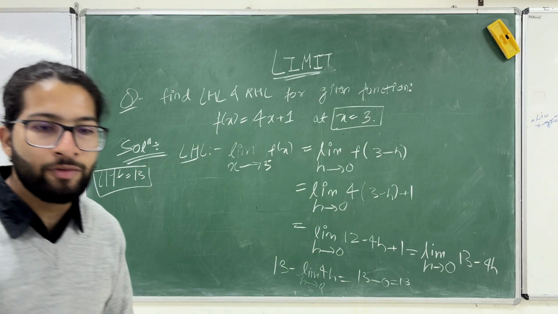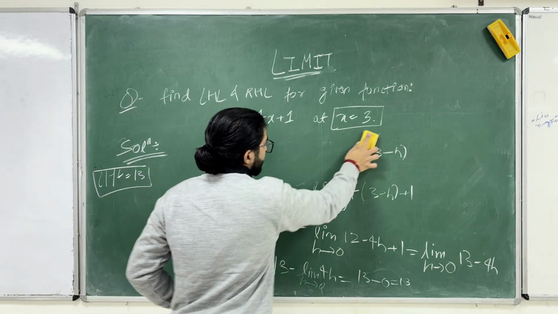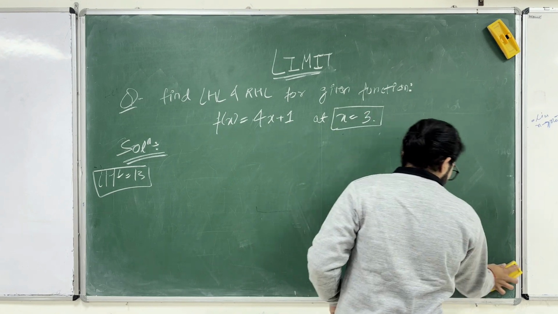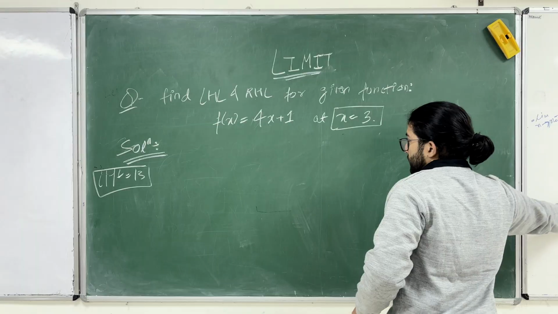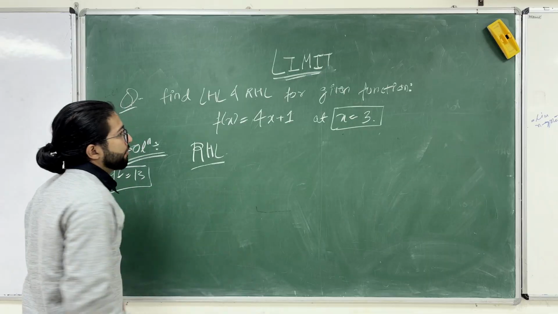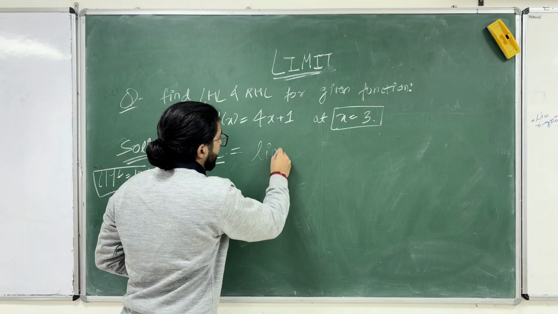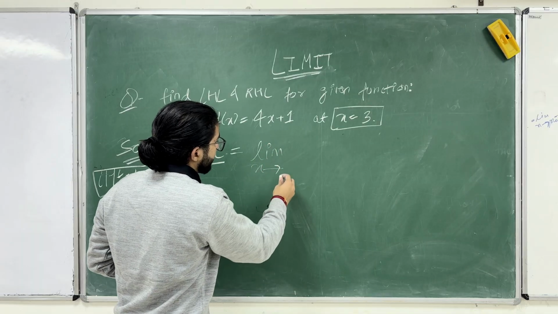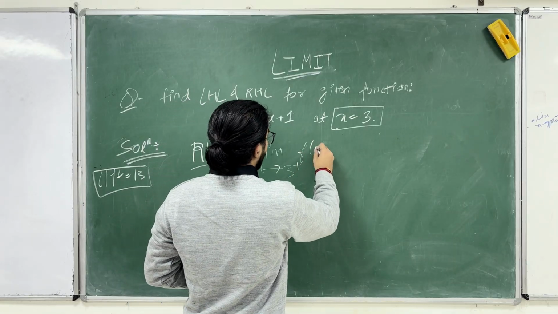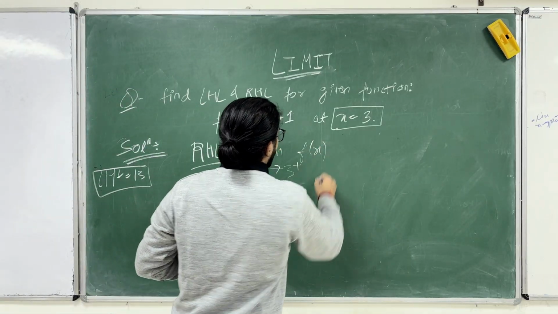Now in the same way we have to find the value of RHL. We are finding at x is equal to 3, so let us write RHL is equal to limit x tends to 3 plus f(x), and the function is our this f(x).